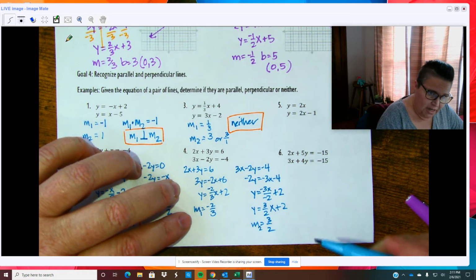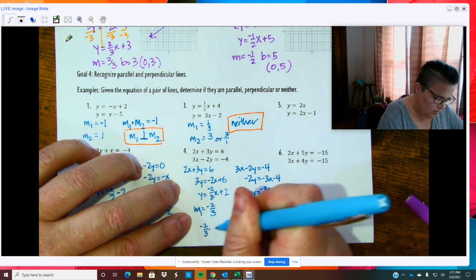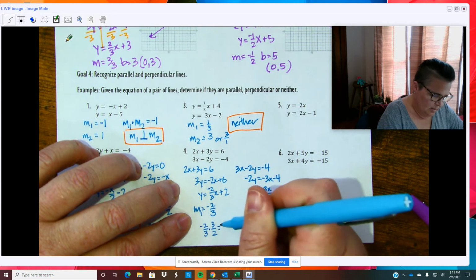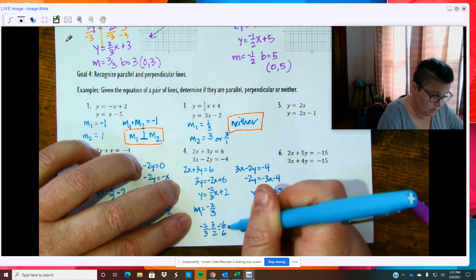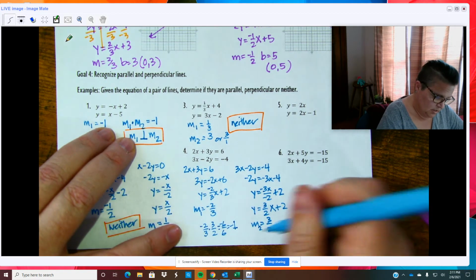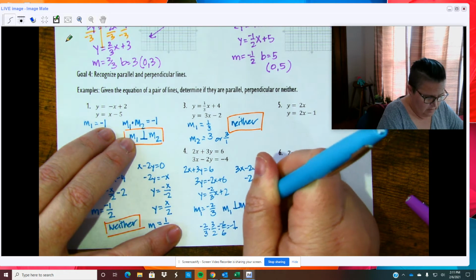If I want to check that, is negative 2/3 multiplied by 3/2, 2/3 times 3/2, is negative 6/6, which is indeed negative 1. So it works in the multiplication test, and that tells me that m1 would be perpendicular to m2.